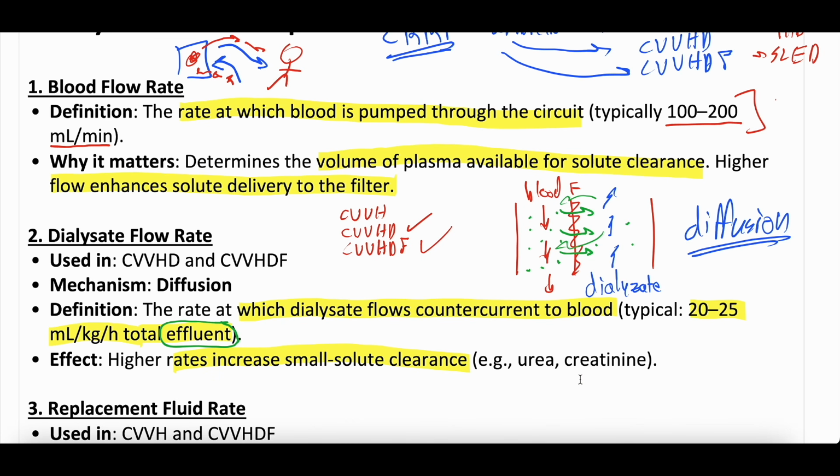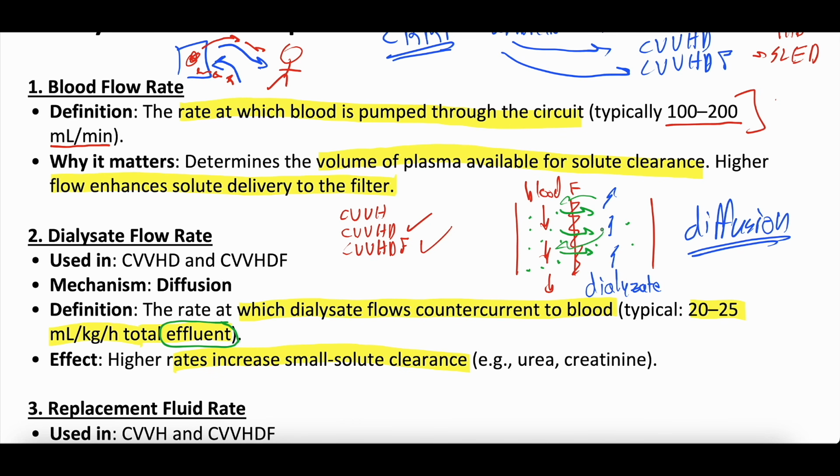As we said, your dialysate is a solution that is allowing solute to diffuse across the filter into the dialysate, or vice versa. So if your dialysate is moving quickly, your concentration gradient is always going to be maintained. The blood is always being exposed to new dialysate to then have things diffuse down the concentration gradient.